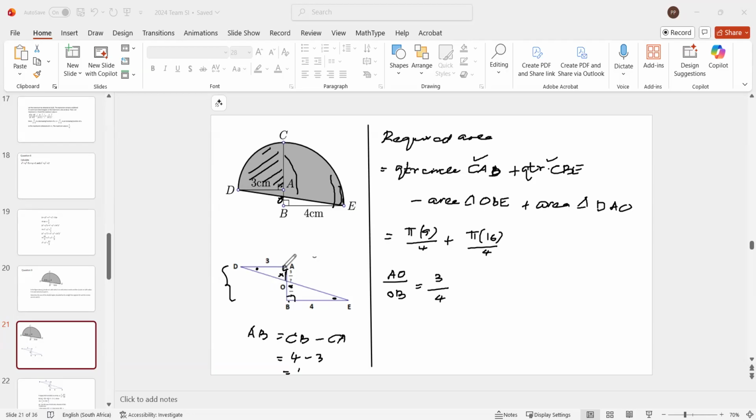So in other words, O divides AB, whose length is 1, in the ratio 3:4.